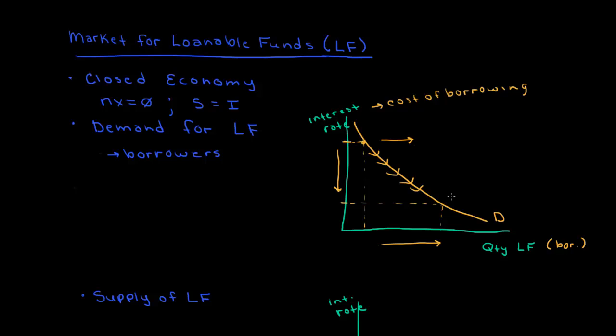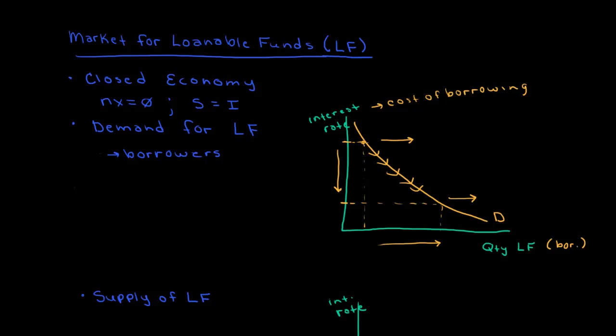So for instance, if the government passed a policy that said for every dollar you borrow, you can write off 50% from your taxes. So we're going to give you a tax break. So if you borrow $1 million and we're going to allow you to write off 50% of what you borrow, that means you can reduce your tax liability by $500,000.